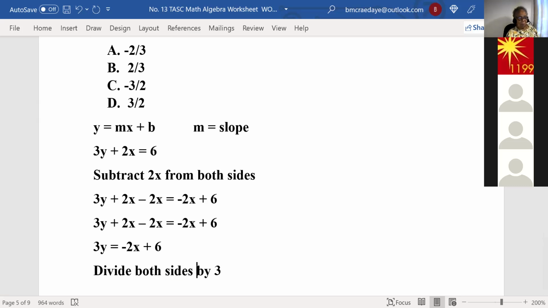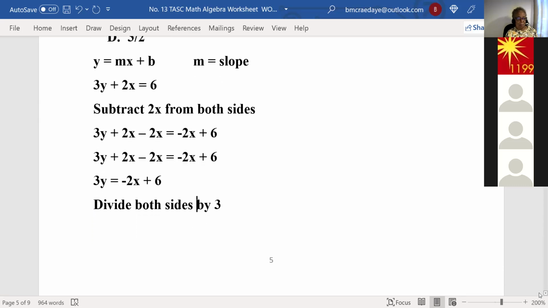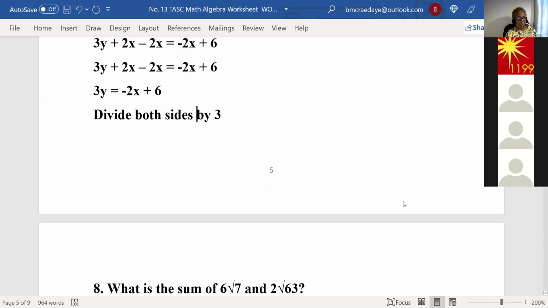Remember we want just y left, so it would look like y equals mx plus b, but y is connected to 3 by multiplication, so we do division.